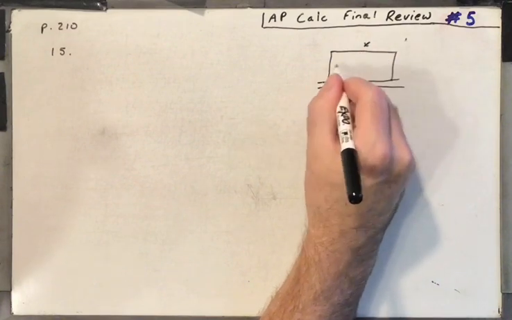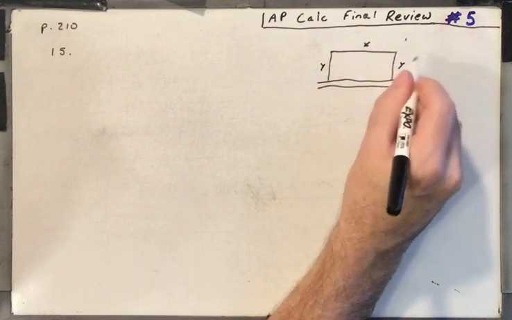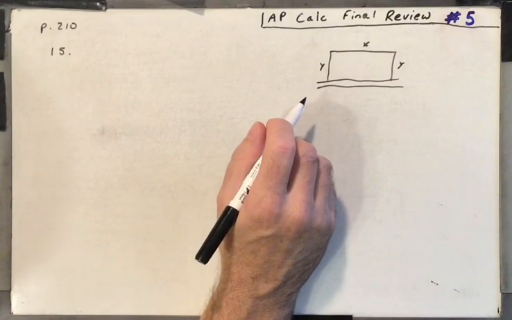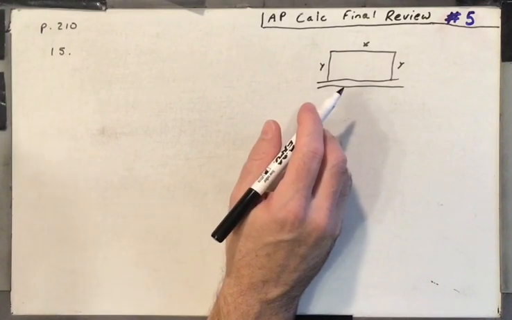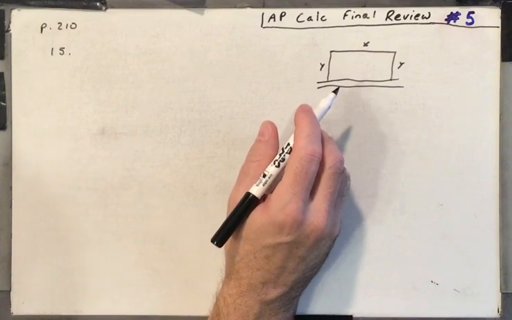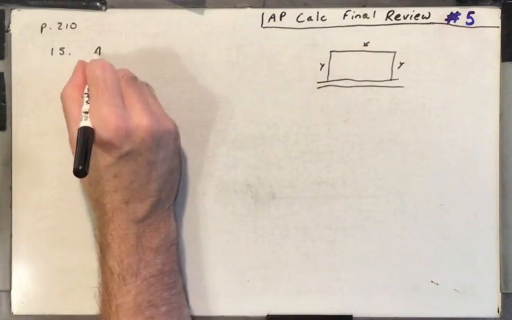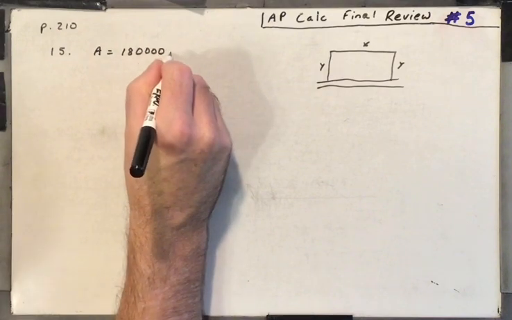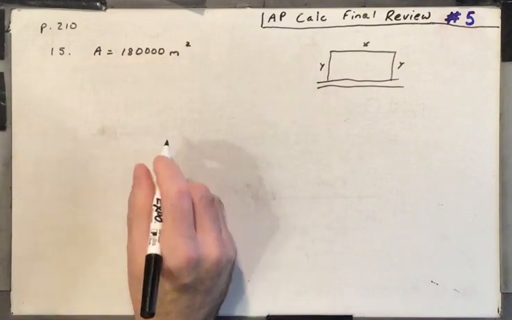Let's call this x and this y and this y, and we want to minimize fencing, right, not maximize. So the area is 180,000 square meters.